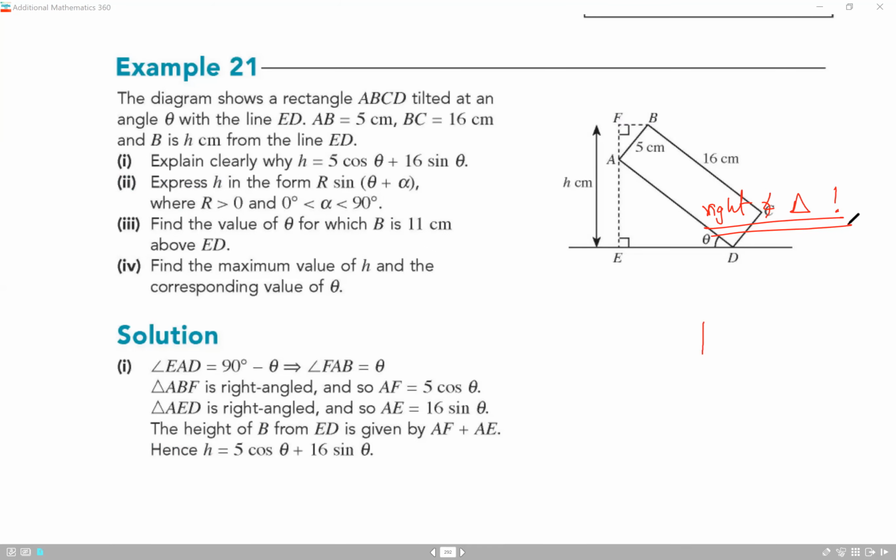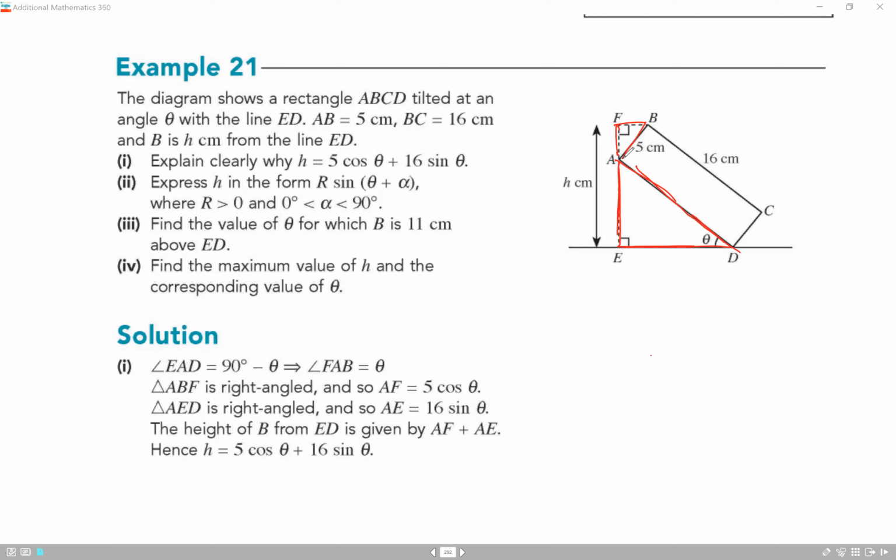Okay, so you must look for the right angle triangle. Can you tell me where are the right angle triangles? Wow, seriously, all so quiet. Okay, so this is one of them. This is another.